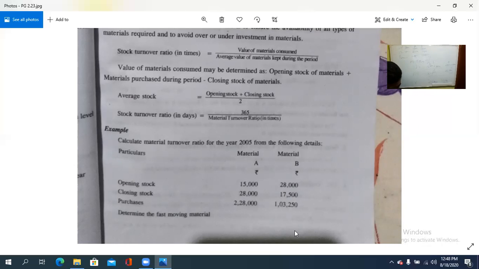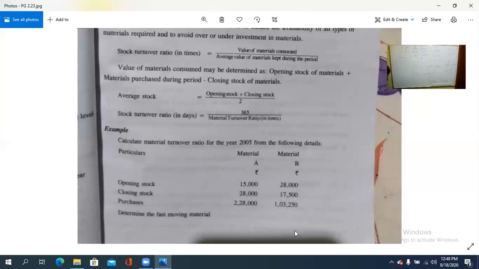Then next we need to calculate what? We need to calculate the formula for material turnover. MTR is equal to value of the material for A, 215 divided by 21,500, and 113,750 divided by 22,750.